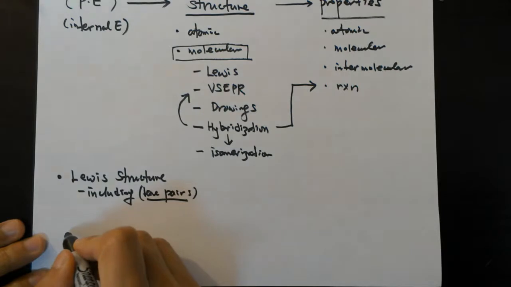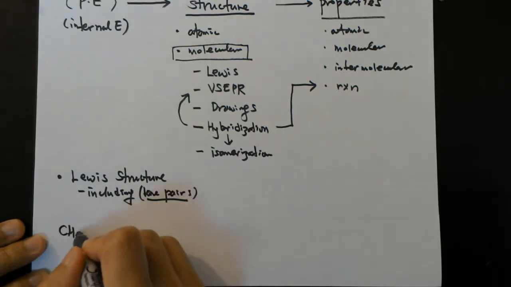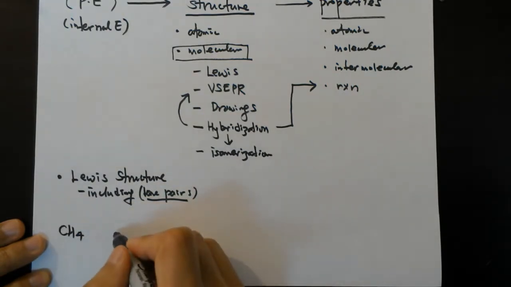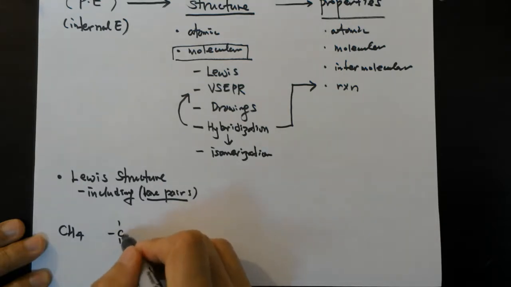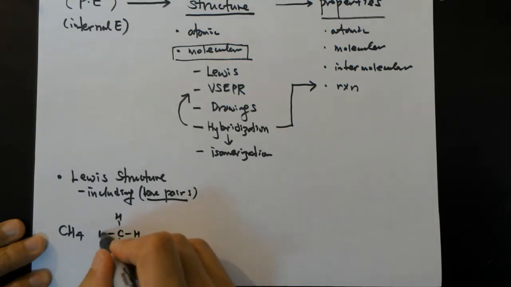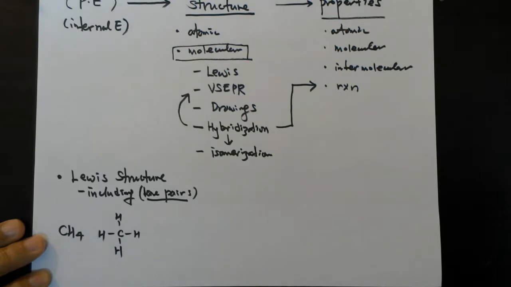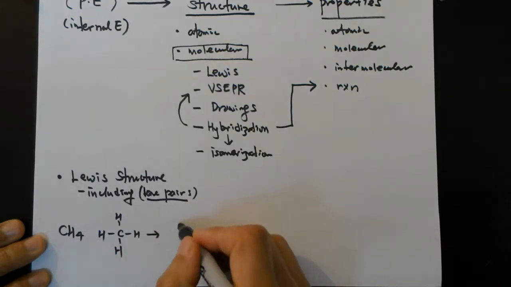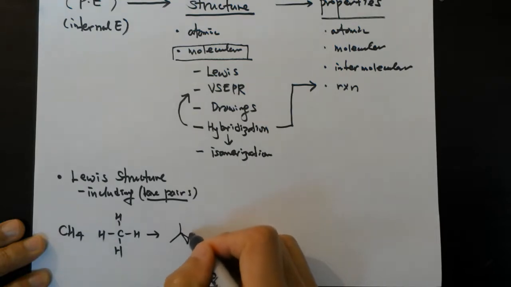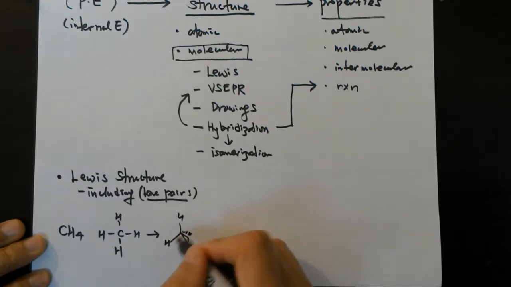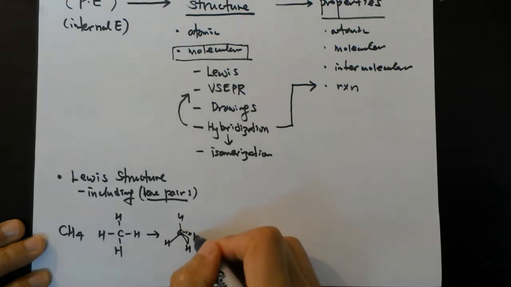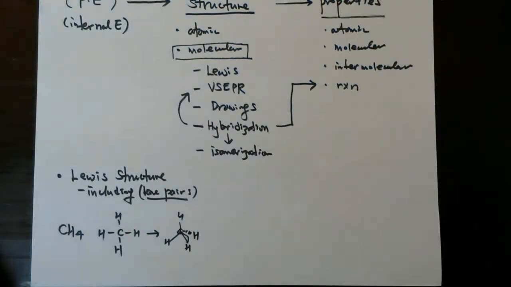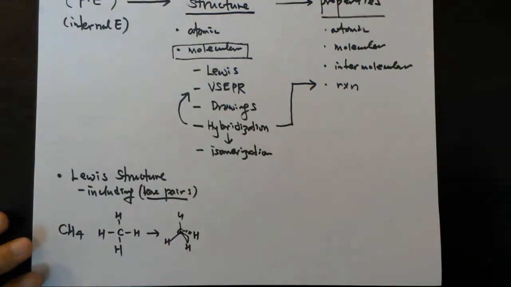For a compound like CH4, it's pretty easy. We've done that, so I'm not going to repeat the explanation. This is a Lewis structure without using dots. And then we know that when you apply VSEPR, this turns into a three-dimensional structure. That's easy.